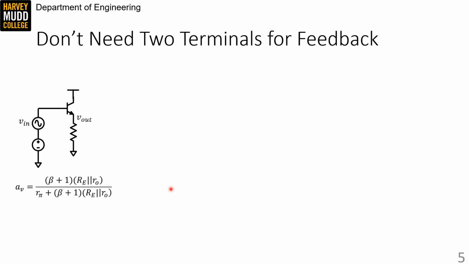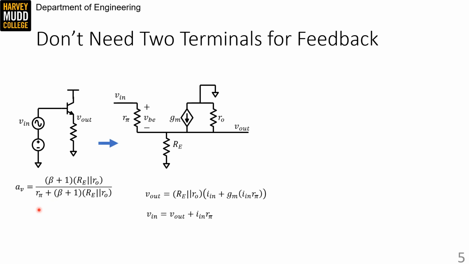So I've included an emitter-follower on the left of this slide, and I've included our expression for emitter-follower gain below it. It's just there as a helpful reminder. It's easy to draw a small signal model for the emitter-follower, and we did a bunch of circuit analysis on this in order to find the gain expression on the left.